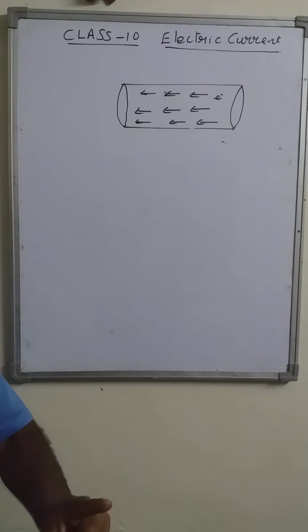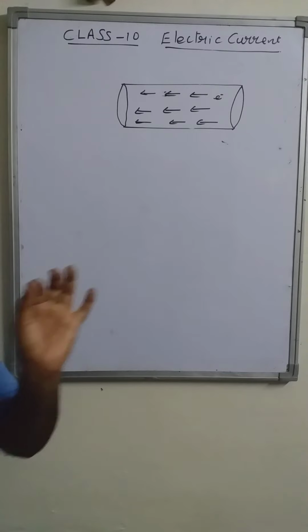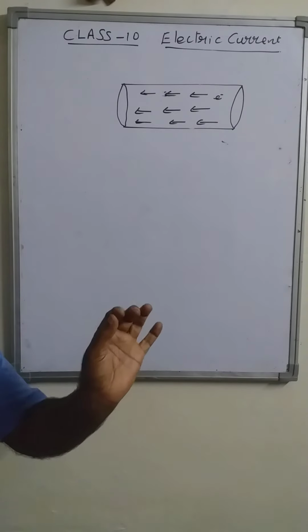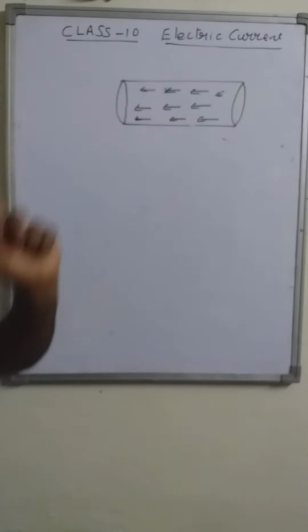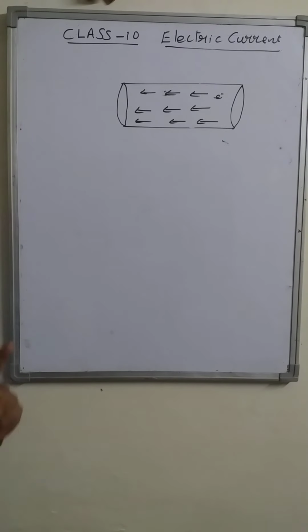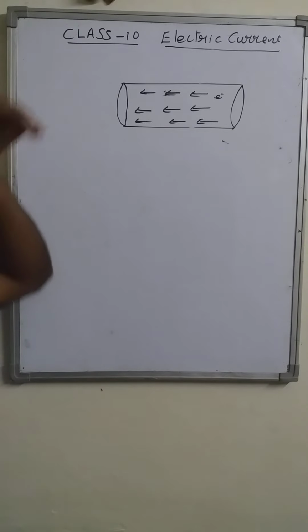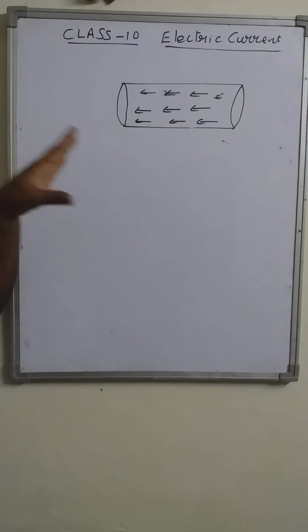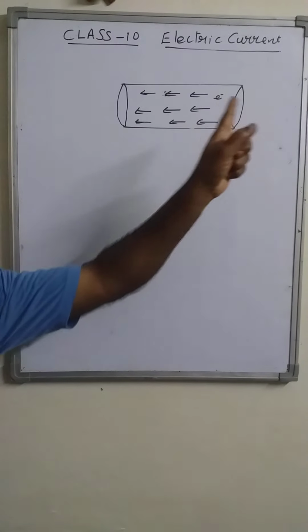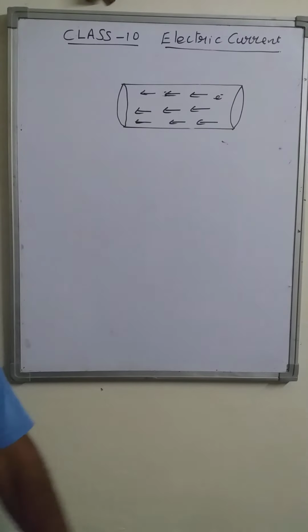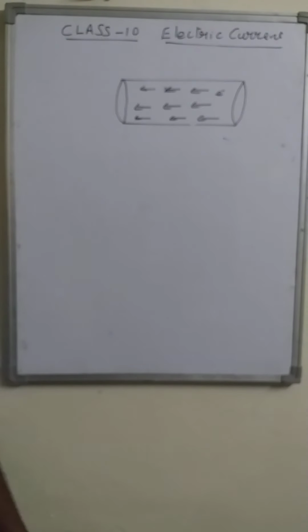Can these electrons move in a straight line on their own? Answer is no. They cannot travel along a proper direction on their own. It means some external effort must be put on this conductor to make all the electrons flow in a particular direction.